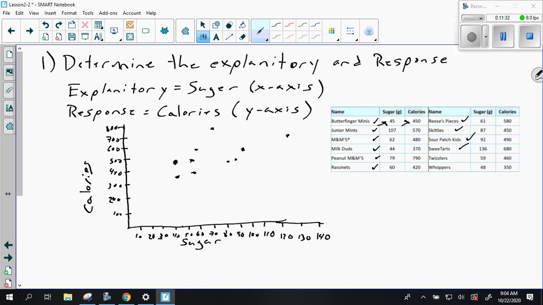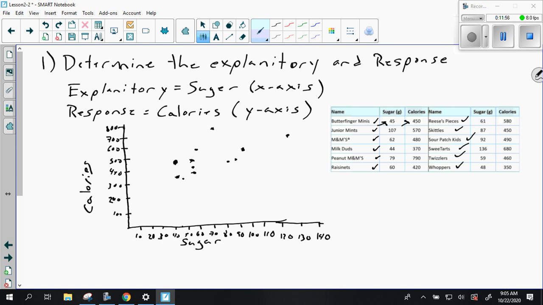Twizzlers is at 59, 460. 59 and 460, like that. And then Whoppers, 48, 350.